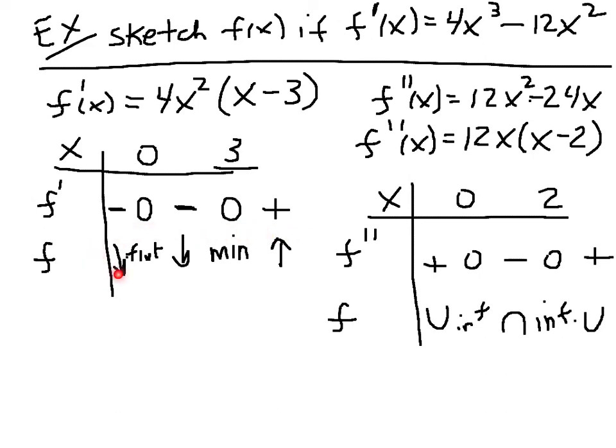We know its direction. We know an extreme value. And we know its shape. And we also know where the inflection points occur. So it's too bad I can't fit it on this window. You may need to go back and forth. But let's go ahead and advance this and now sketch the graph.